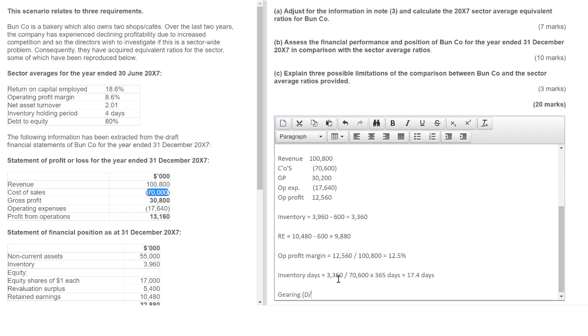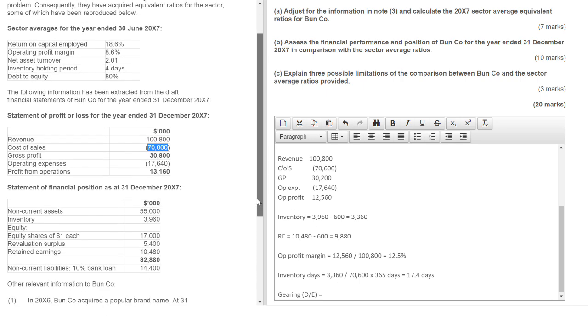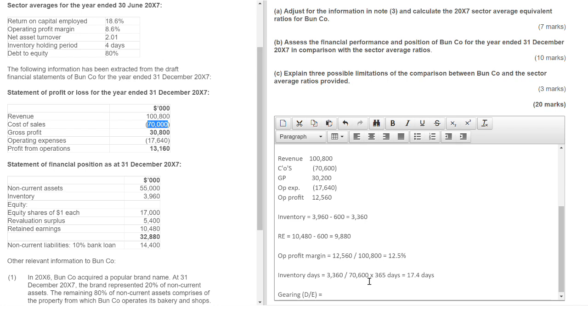Gearing, debt to equity. Well, you've got your debt figure. Is that there as 14,400 divided by your equity? Bit of a tricky one, that one. 17,000 equity shares. Is it there 5,400 as the revaluation surplus plus 9,880?